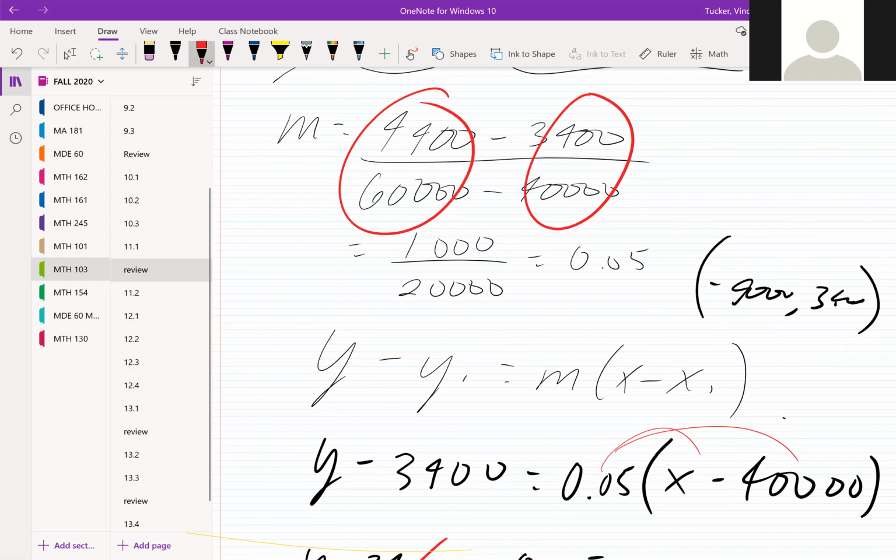It says on 40,000 in monthly sales an account executive would receive compensation of 3,400, and on 60,000 in monthly sales, compensation of 4,400. So it still said it's wrong.